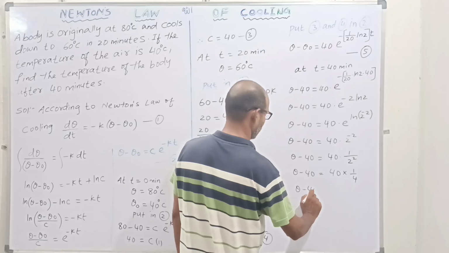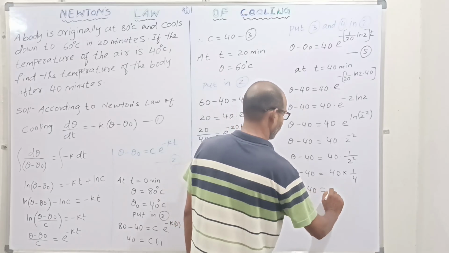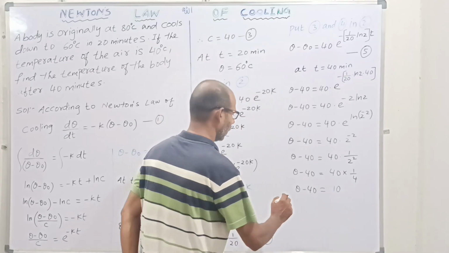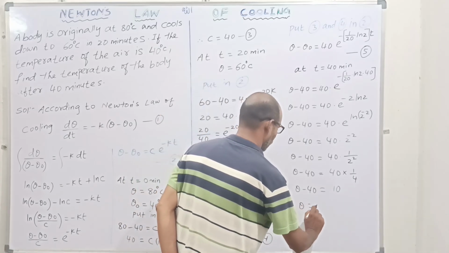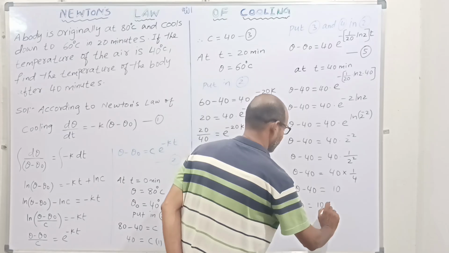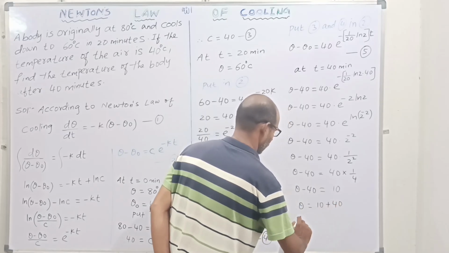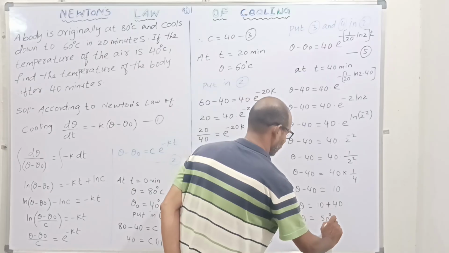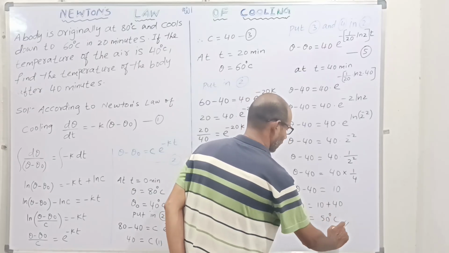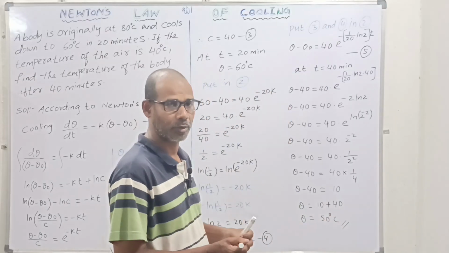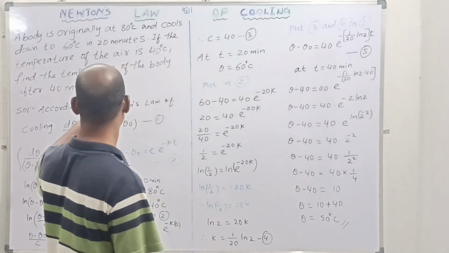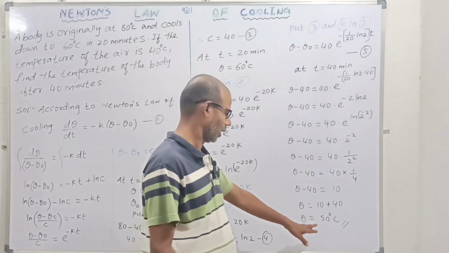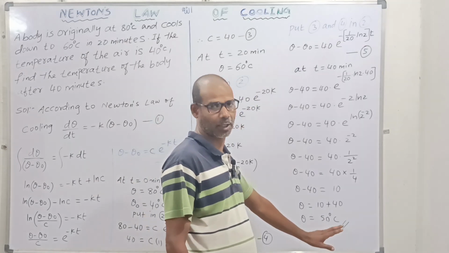So theta minus 40 is 10, right? Then we have theta is equal to 10 plus 40. So theta is equal to 50 degrees centigrade. That is the temperature of the body after 40 minutes. So the temperature of the body after 40 minutes is 50 degrees centigrade, right?